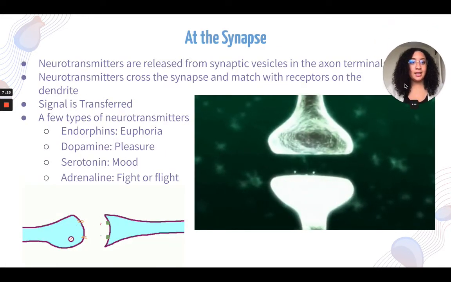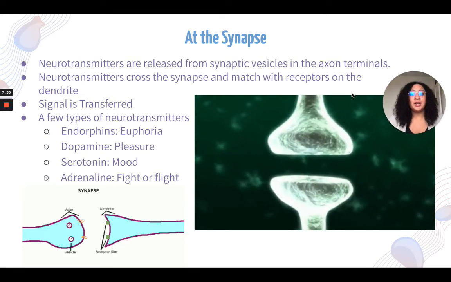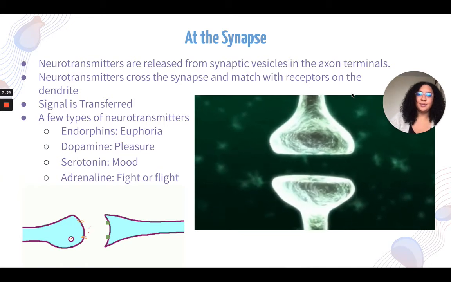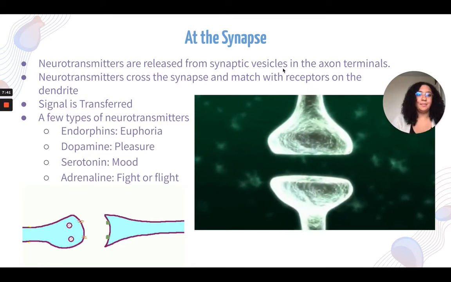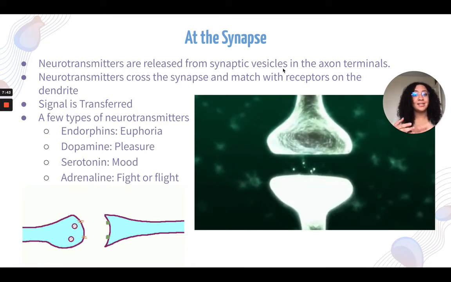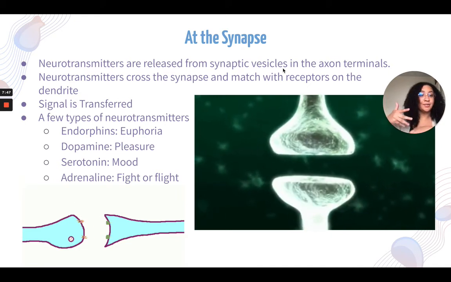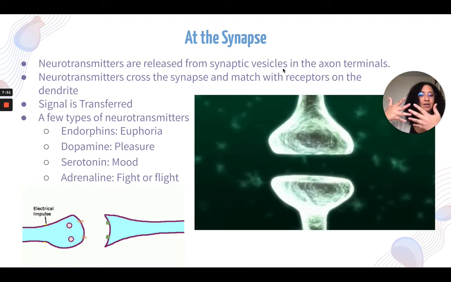Okay, and then at the synapse of a neuron, that's where neurotransmitters are released. So remember that sac in the axon terminals: neurotransmitters are released from there through the synaptic vesicles, and then they cross the synapse. So the synapse is between the axon terminals of one neuron and the dendrites of another neuron.